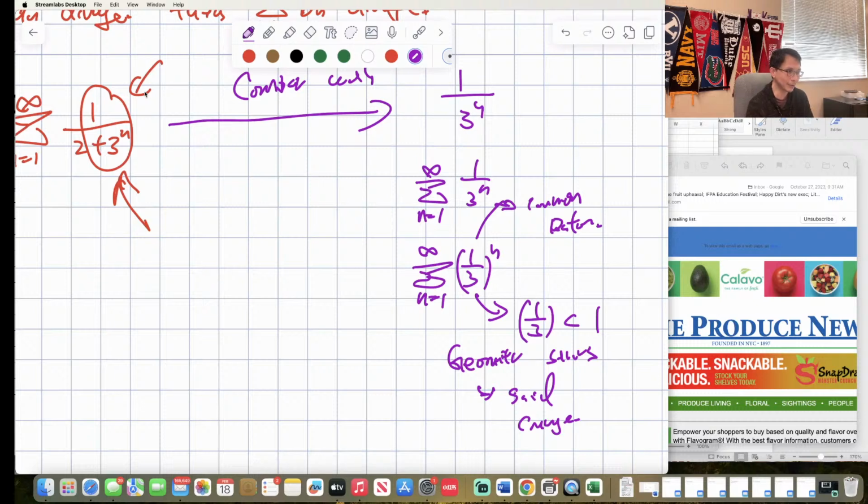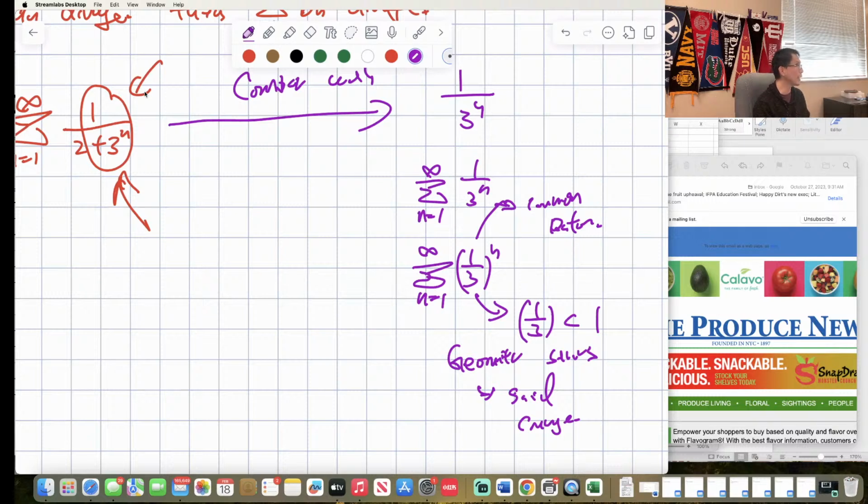Okay. Now, here's the thing. Is 1 over 2 plus 3 to the n greater than or less than 1 over 3 to the n? If you don't know, plug in a number.